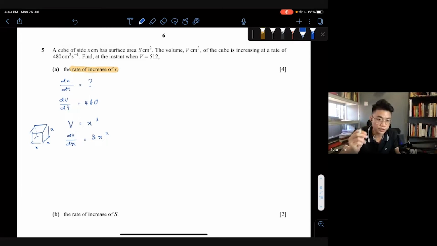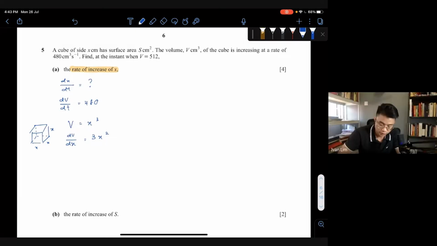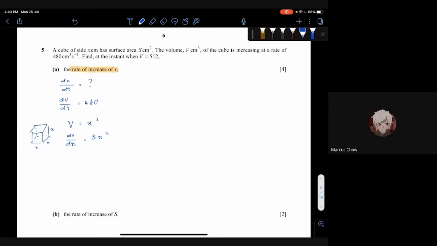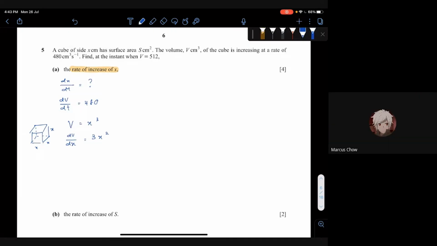Normally when you do the rate of change, you will need to substitute some value for x or the unknown, a, b, c, or whatever. Either it's given to you in the question, or you need to use information from the question to find it. In this case, we need to find the value of x. You need to find dx over dt, so it's dx over dv times dv over dt.